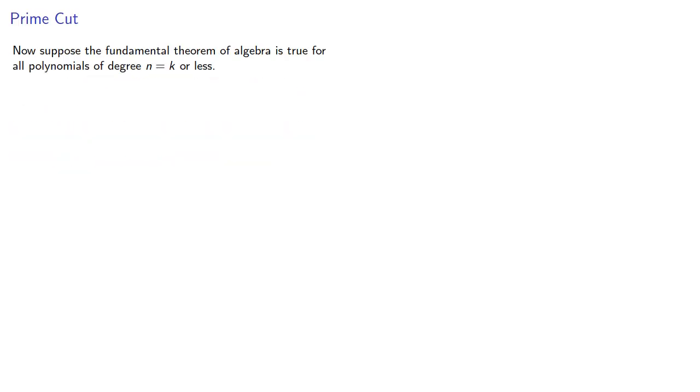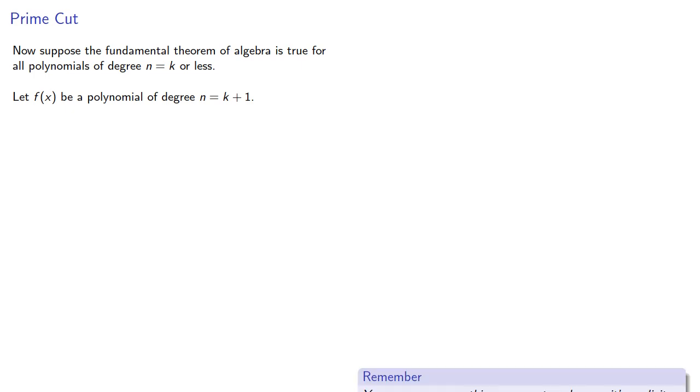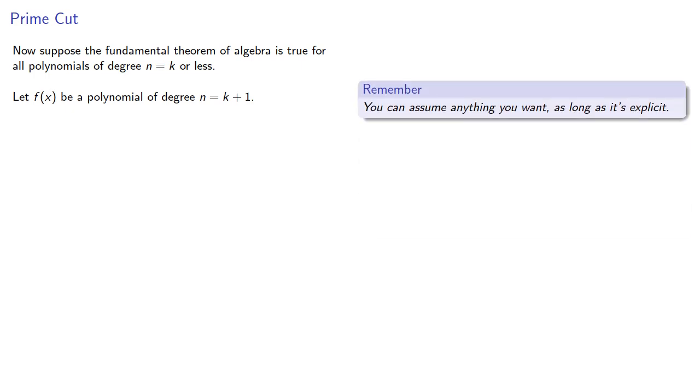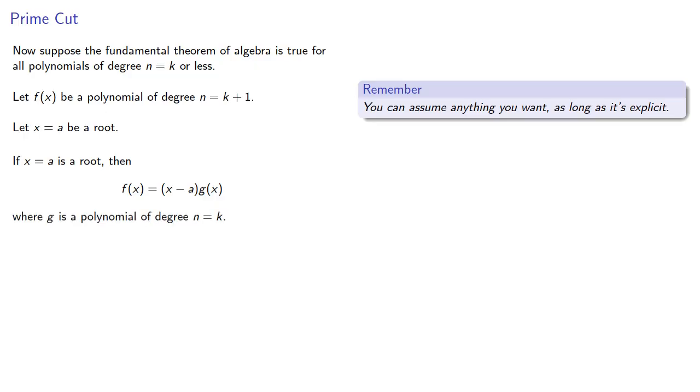Now, suppose the fundamental theorem of algebra is true for all polynomials of degree n equal to k or less. Let f of x be a polynomial of degree k plus 1. So remember, we can assume anything we want as long as it's explicit. And let x equals a be a root. So if x equals a is a root, then f of x is going to be x minus a times something, which is a polynomial of degree k.